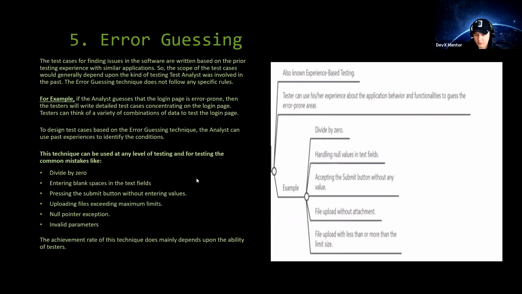The achievement rate of the technique mainly depends upon the ability of testers. So yeah, every tester will have their own rate, their own logic and their own experience of how to find these mistakes.